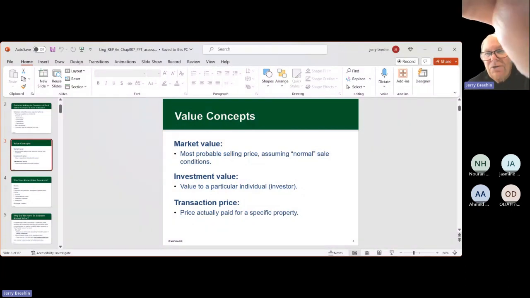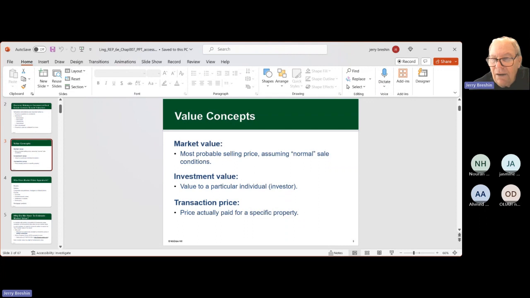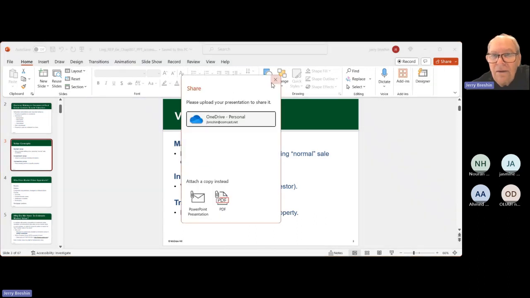My camera looks okay. You can stop sharing and then share again. It shows it's sharing. I know it's sharing, but you're blocking it.